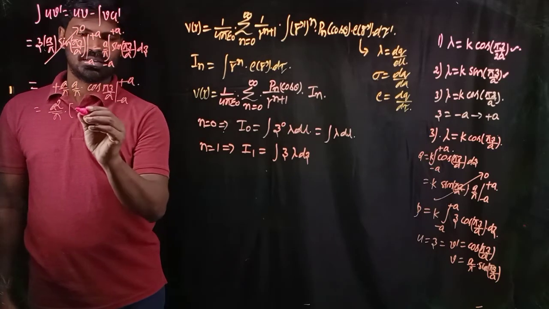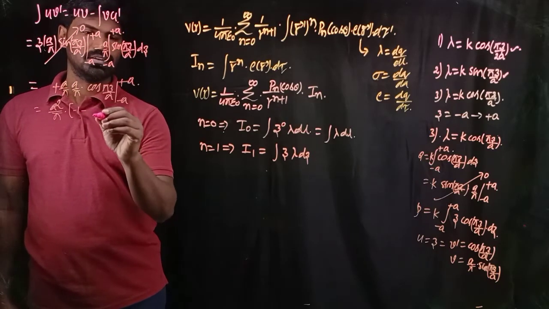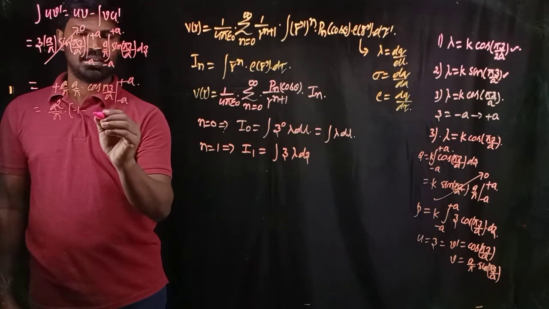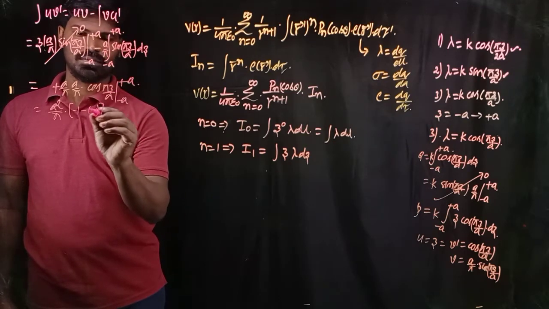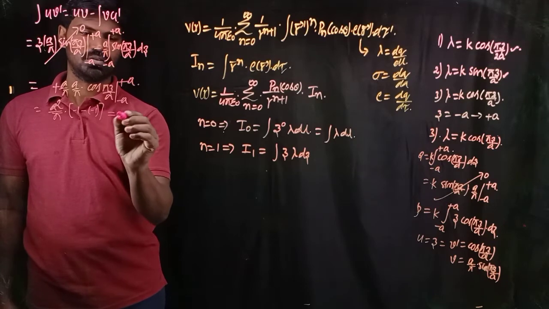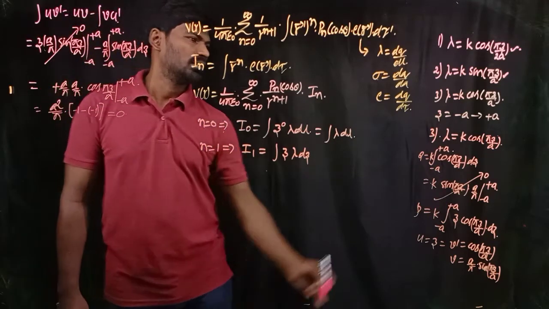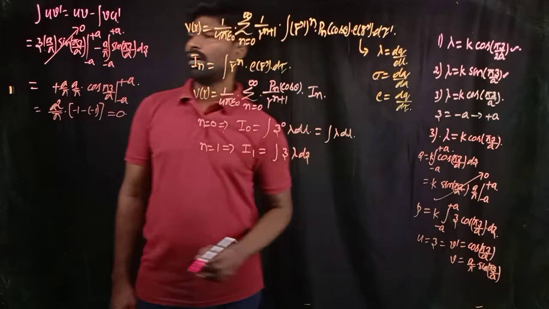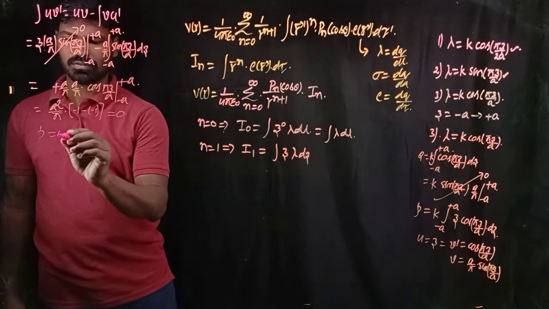At z equal to a, cos pi is minus 1, minus cos of minus theta is cos theta only, cos pi again is minus 1, minus into minus plus 1 and minus 1 altogether is 0. So in this third case the monopole moment is 0, and of course the dipole moment p is also 0.